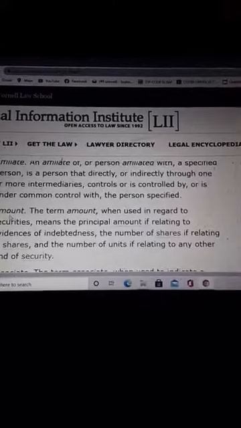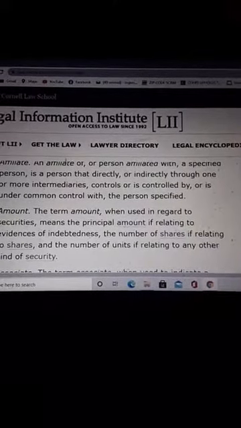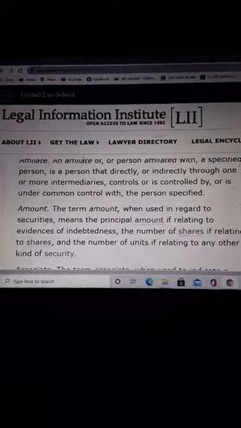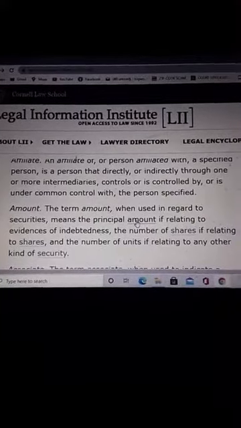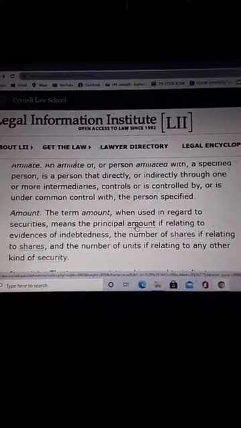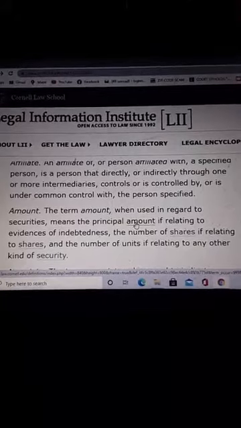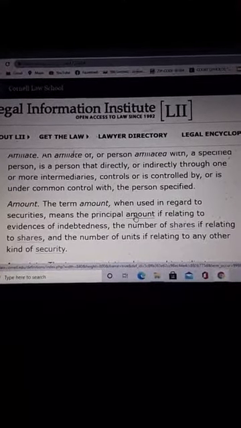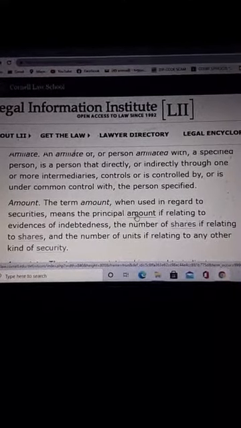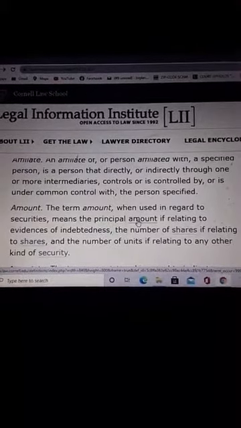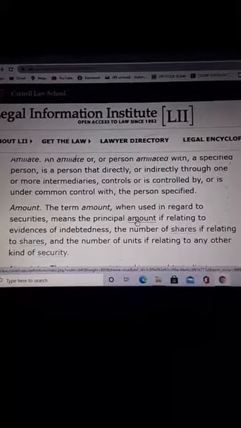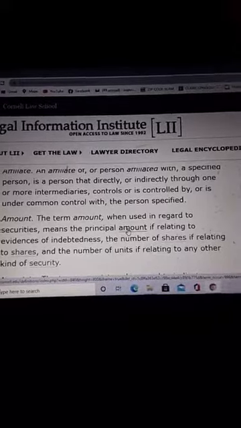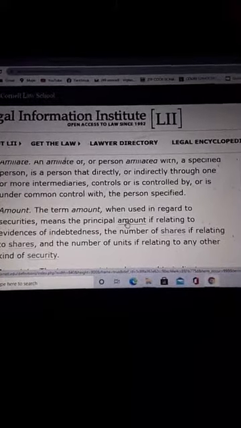Affiliate, amount. The term amount, when used in regard to securities, means the principal amount. Do they ever use the principal amount? Or do they use the Federal Reserve dollar amount? They use the partial value amount in doing all of this assessing.